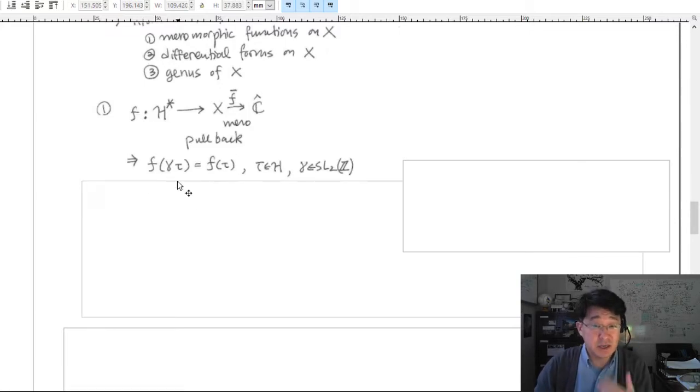So this is the characterizing property of something called a modular function. A function that satisfies this transformation property is almost called a modular function.